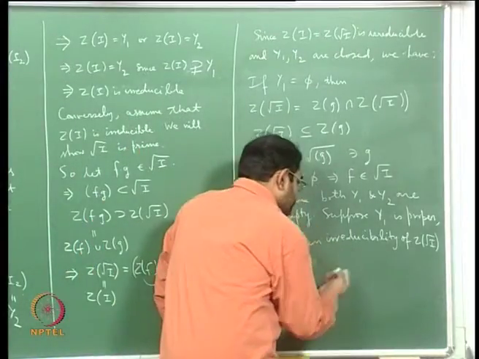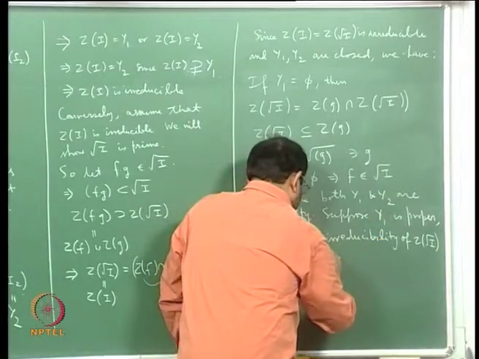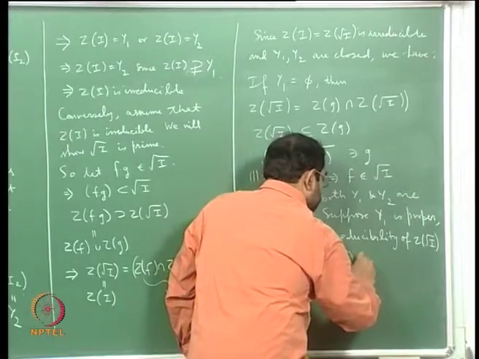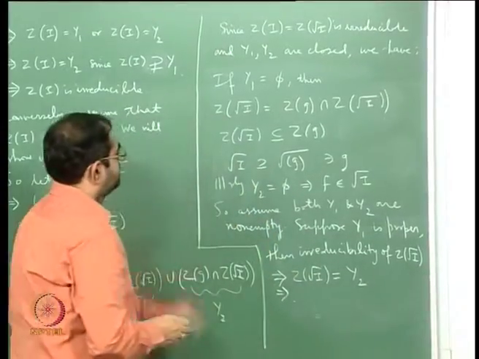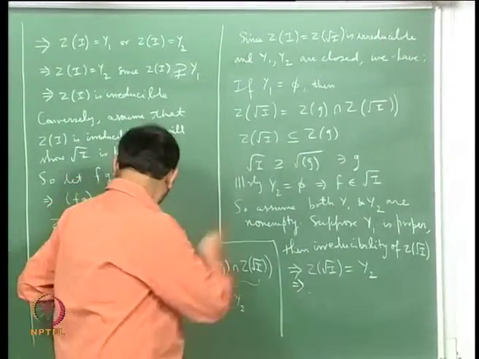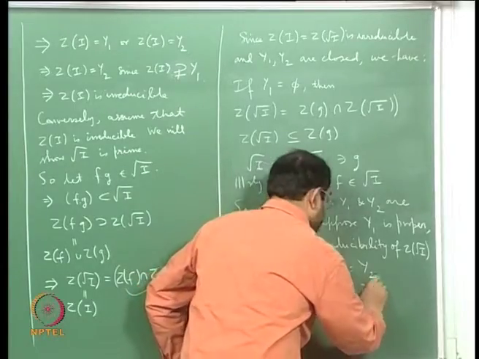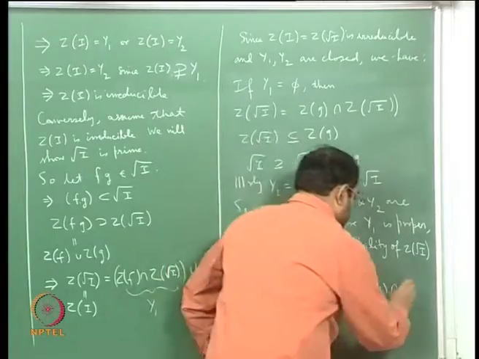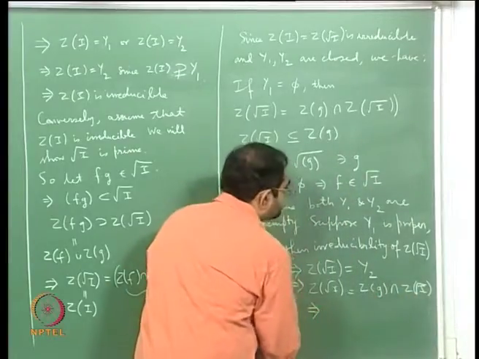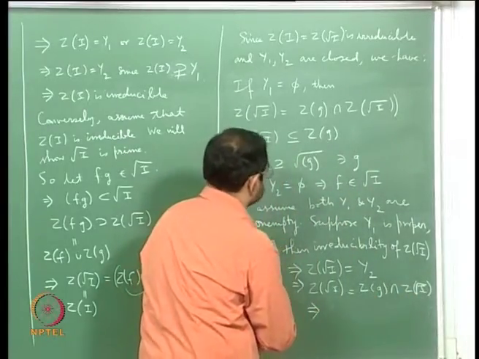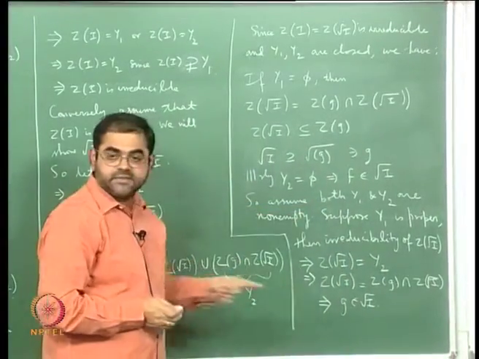So you are done essentially. Let me write that down. Suppose Y1 is proper, then irreducibility of Z of the radical implies that Z of the radical is Y2. Again the same argument: Z of the radical is equal to Z of g intersection Z of the radical, and this will imply g is in the radical. So if Y1 is proper, you will get g is in the radical.